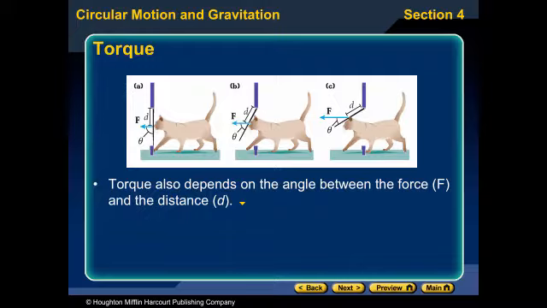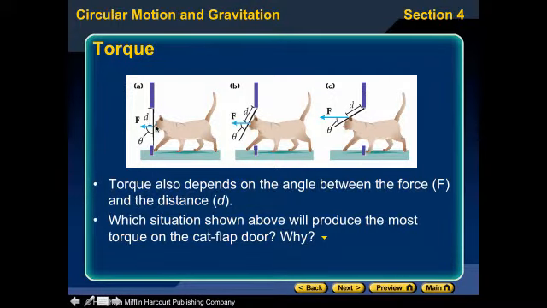Torque also depends on the angle between the force and the distance. So if you have a force that's perpendicular versus an angled force, which one will give you the most torque? Which one's able to produce the most motion? Or think about if you're opening a door, do you push on it perpendicular to the door or at an angle?